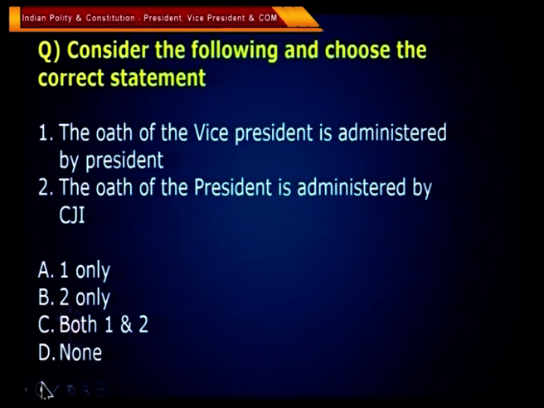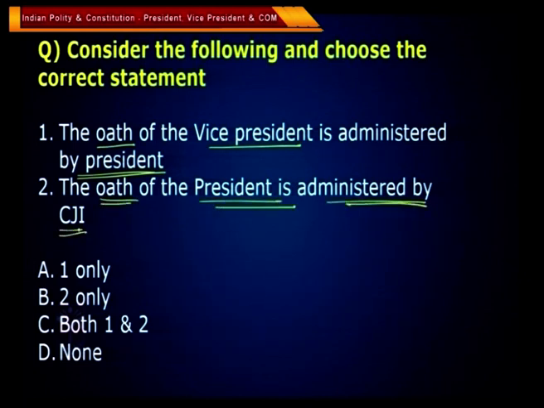Consider the following and choose the correct statement. The oath of the Vice President is administered by the President of India. The oath of the President of India is administered by CJI. Look at the screen.